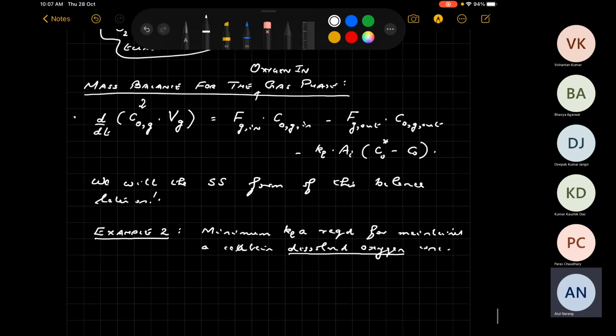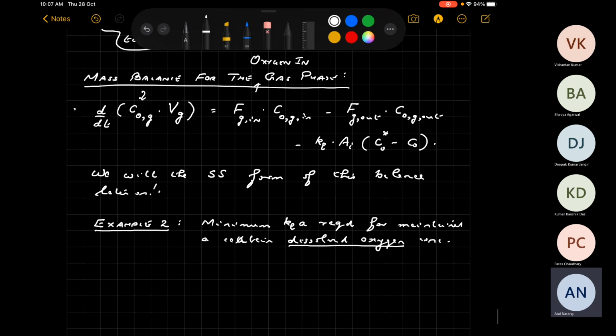This is actually a continuation of the example we did earlier, in the first lecture on this topic. What we found was that at D equals 0.2 per hour, we showed that the volumetric rate of oxygen consumption was approximately 80 millimoles per hour per liter.